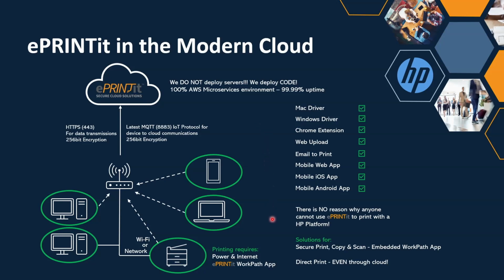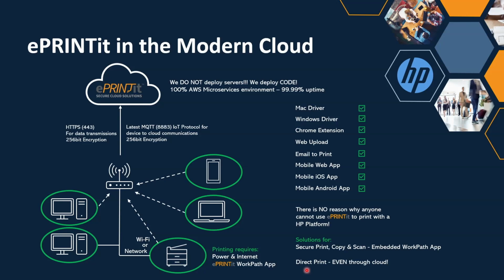And one of the things that I will bring the last point on this slide to is solutions. We can not only provide with our WorkPath app secure print, copy, scan with the embedded WorkPath app on the HP device, but we can also provide direct print even through cloud. And what I mean by that is that not every organization would like to have secure pull printing.